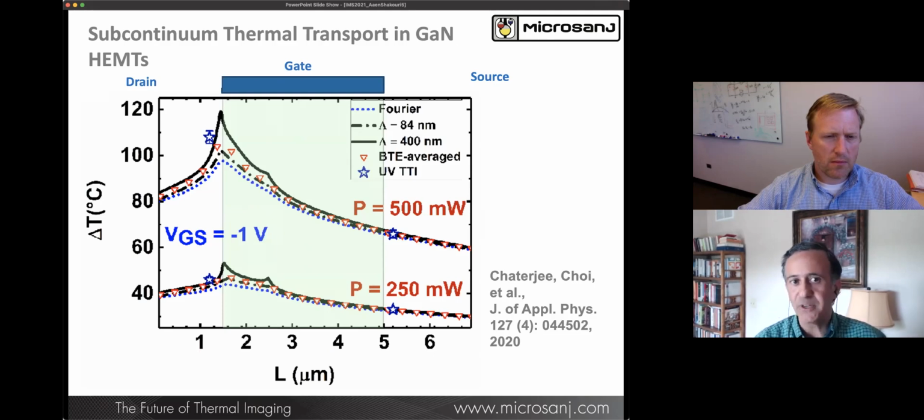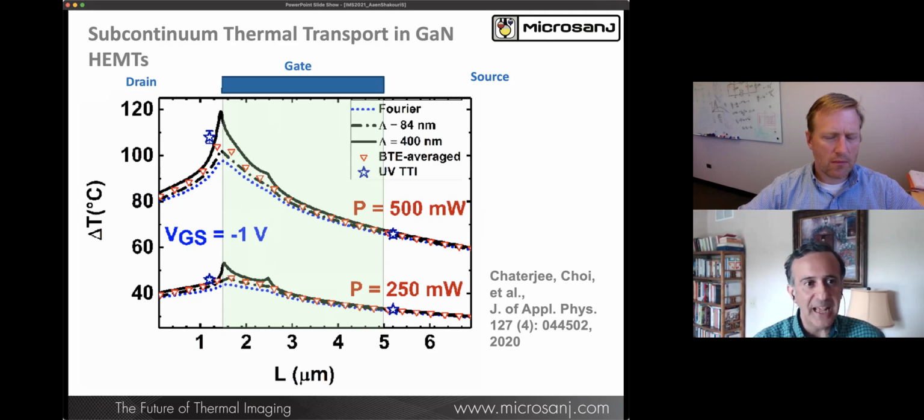But that's what Fourier predicts. Now the Boltzmann with some sort of subcontinuum and a mean free path, which is given here by numbers, 84 nanometers or 400 nanometers, predicts heating that goes up to about 120 degrees. And you can see the difference between Fourier and non-Fourier is substantial. 20 degrees, it's a factor of 4 in lifetime easily. So that's quite important.